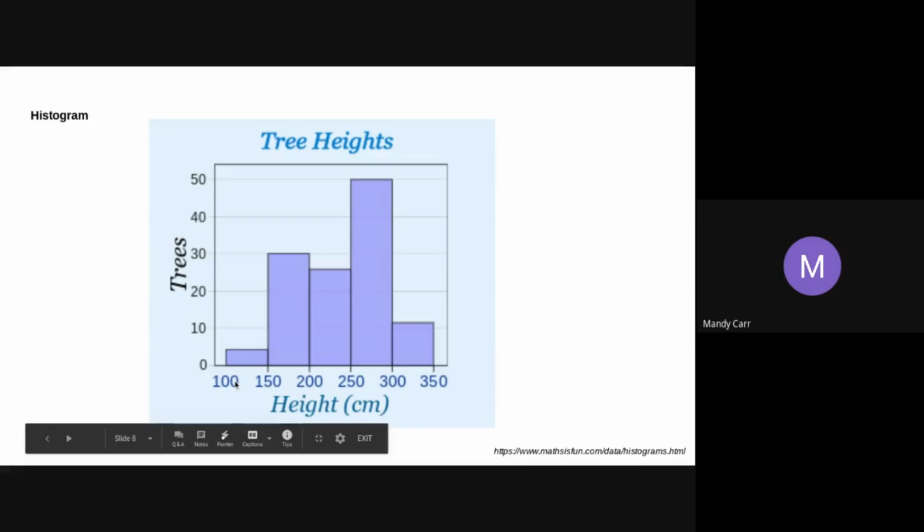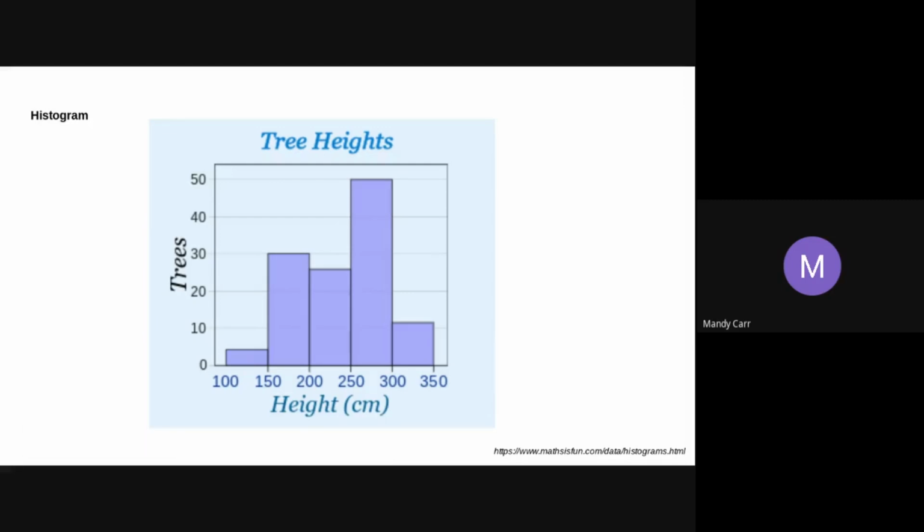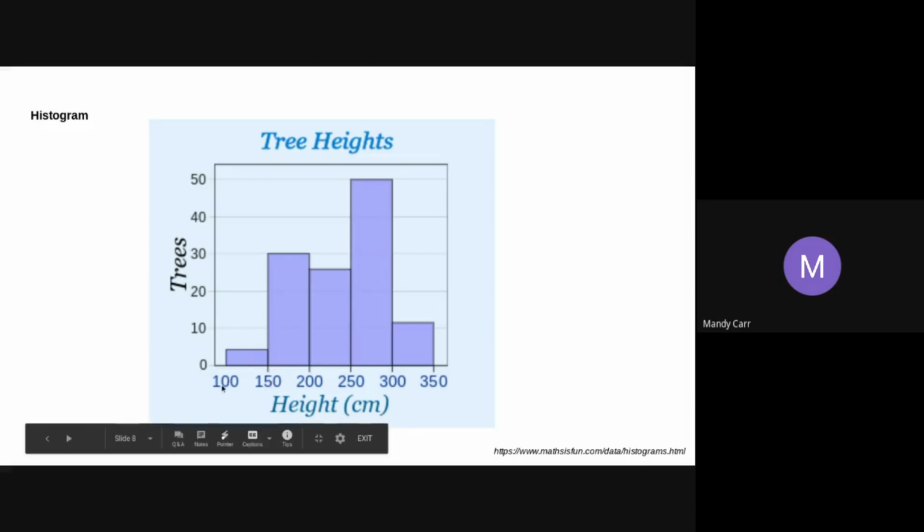And you know as well as I do that if we went out and measured the height of all the trees, they're not going to be exactly the same all the time. So they just took a range of the height. So between 100 centimeters and 150 centimeters tall, and they counted how many trees were within that height range.